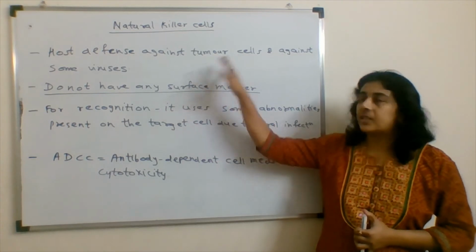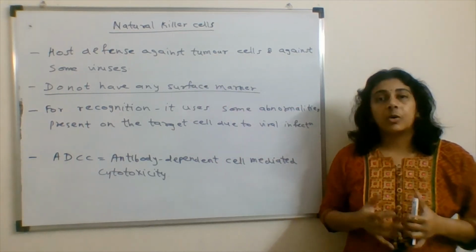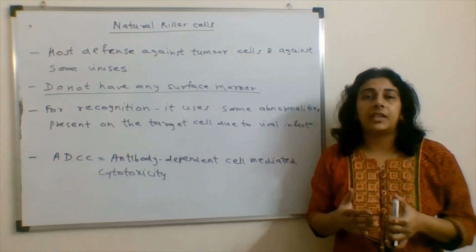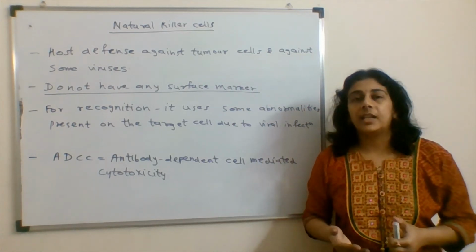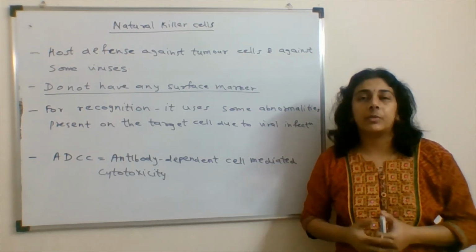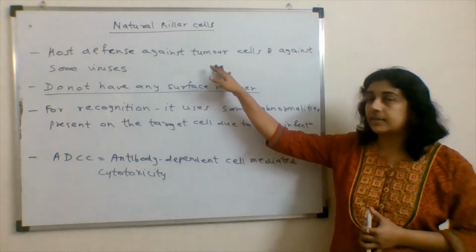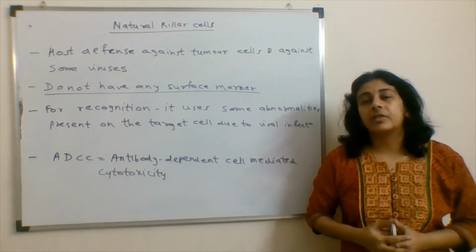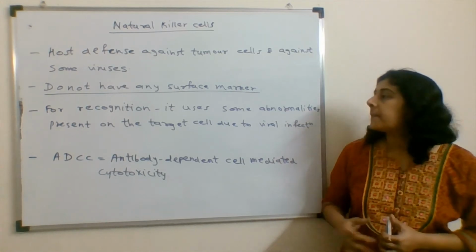But natural killer cells do not have any surface marker. So how do they recognize? They recognize some abnormalities in the target cell. The abnormality can be a change in the MHC class 1 present in these cells due to infection. There may be a reduction in the concentration or number of MHC present on a target cell.